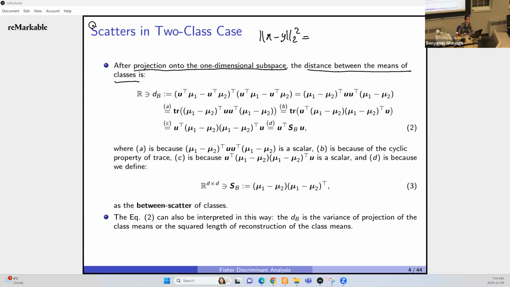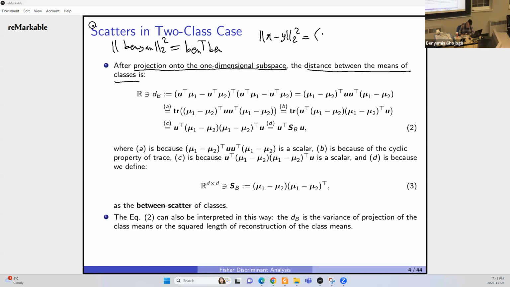Recall preliminaries: the squared L2 norm of a vector is the vector transpose times the vector.